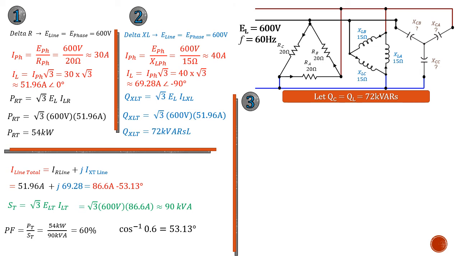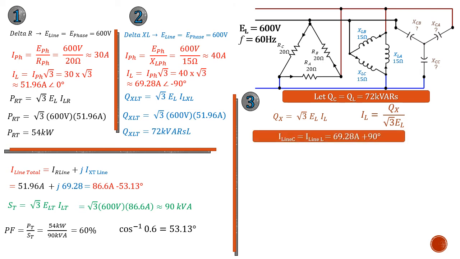But since the power is the same, and we use, as an example, our reactive power is equal to √3 E line I line. And since it's the same power, 72 kVARs, with the same voltage, 600 volts, that means our inductive current and our capacitive line currents must also be the same.